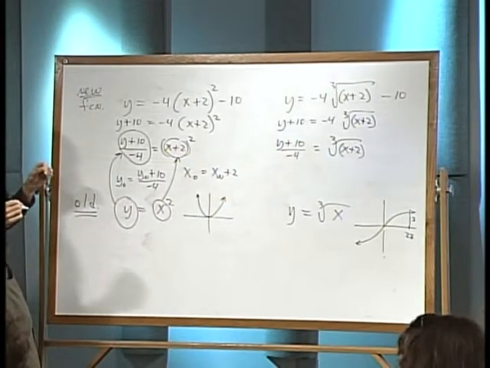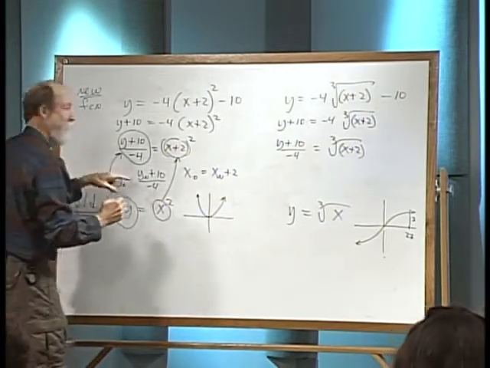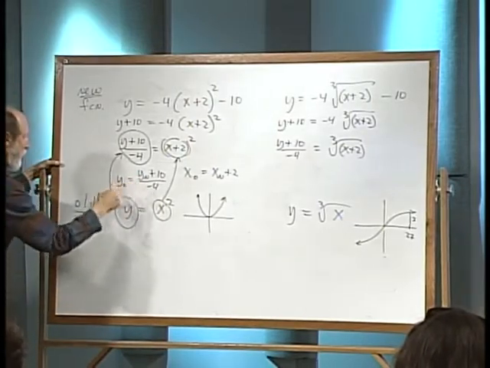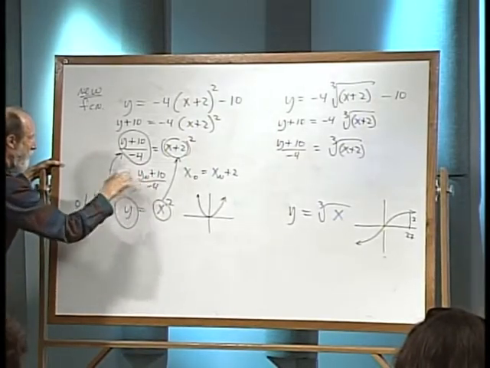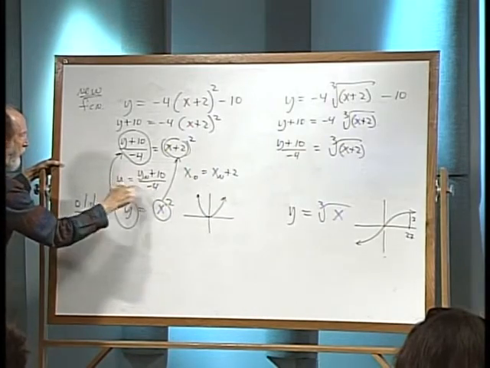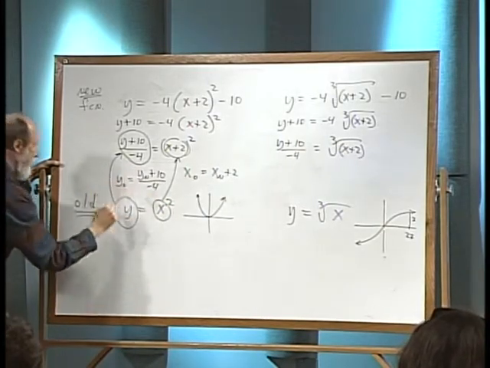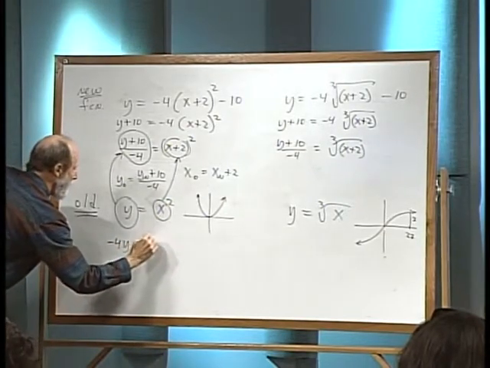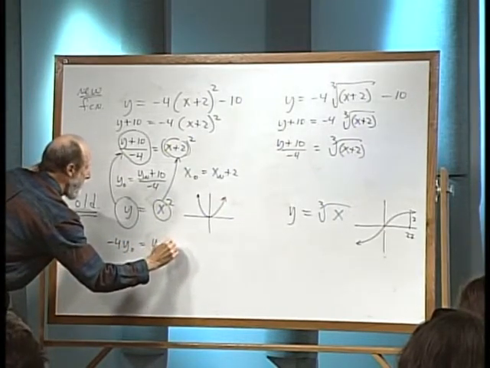Now look at the math. Let's just do it. Take this y stuff right here, multiply both sides by negative 4, and so we have negative 4 times the old y is equal to the new y plus 10.